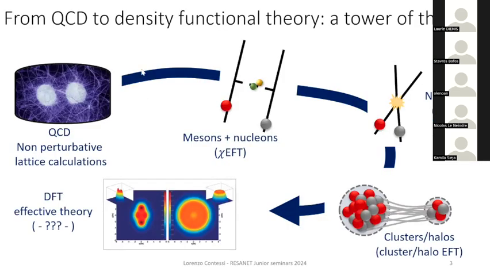Now, of course, there are different ways of looking at the nuclear physics problem. One would say that an ab initio approach, an approach that is really fundamental, should start from quantum chromodynamics or even string theory. The problem is that quantum chromodynamics is not easy to solve for many-particle systems, because it becomes non-perturbative in the nuclear physics regime.